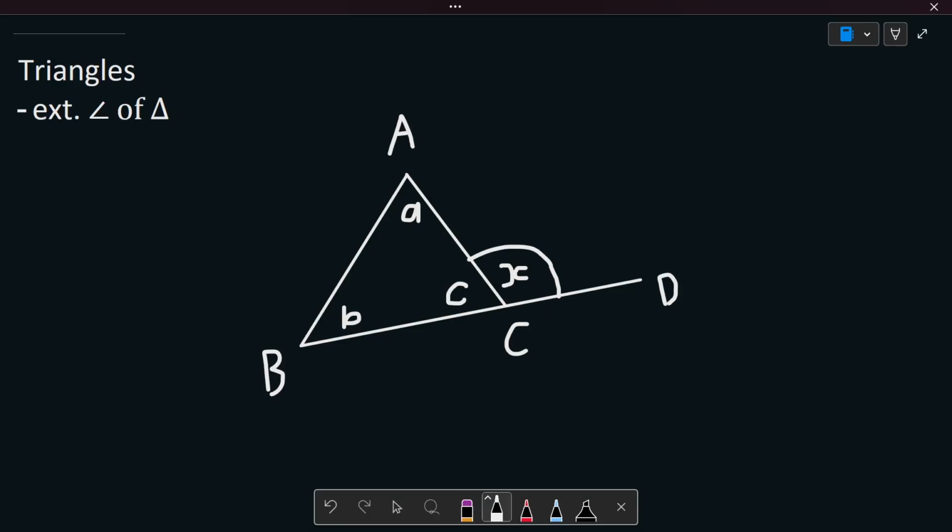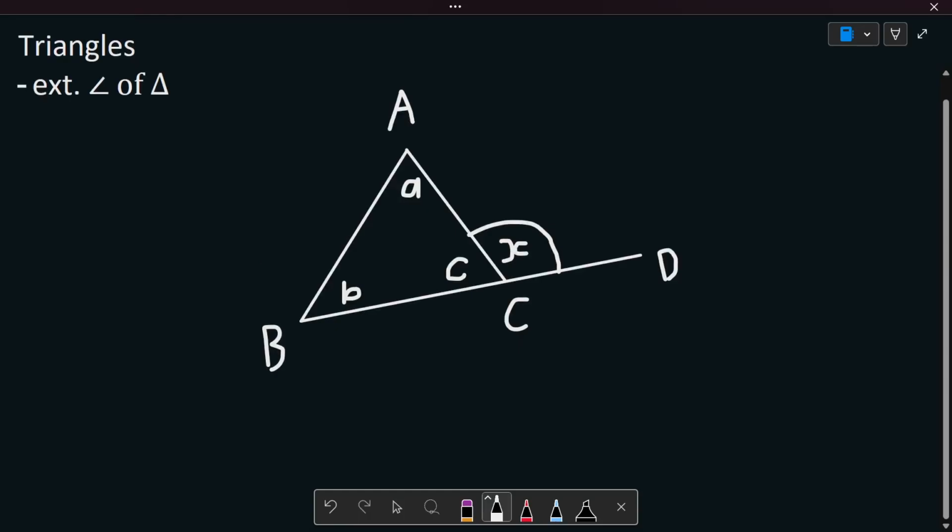Now, what is the formula that we use? I want to make it as quick as I can because it's not that much to go through. Whenever we're working with the exterior angles of a triangle, the exterior angle of a triangle is equal to the sum of the interior opposite angles of that same triangle.